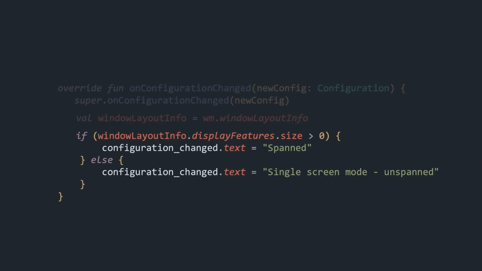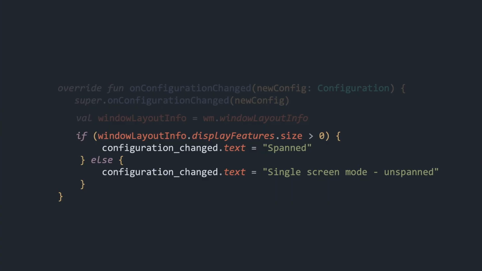If the list of display features inside the window layout info is empty, that means currently the app is running on a single screen device or in the single screen mode of the Surface Duo device. If the list of display features is not empty, that means currently the app is spanned into the dual screen mode, taking both of the screens at the same time.